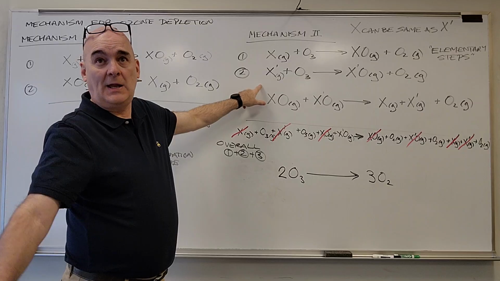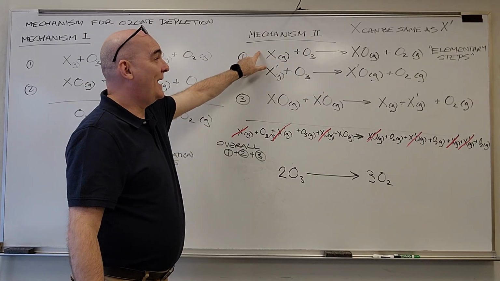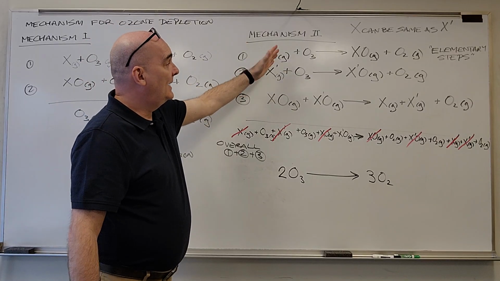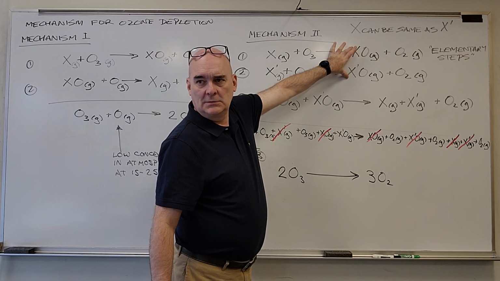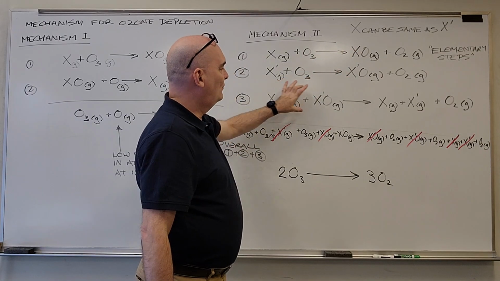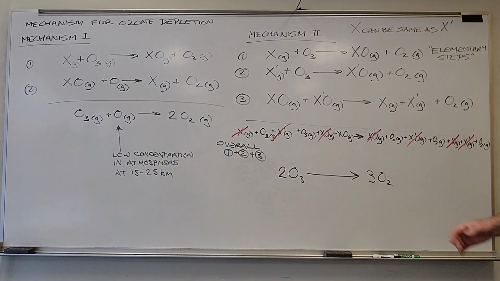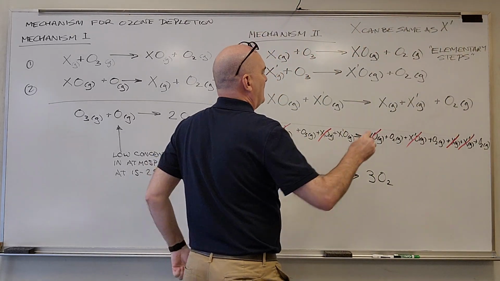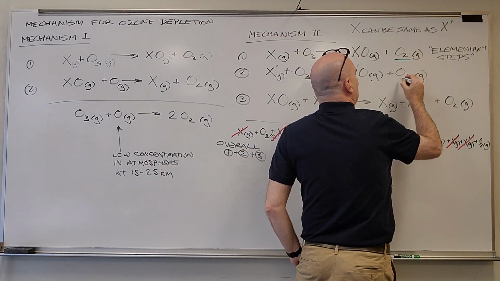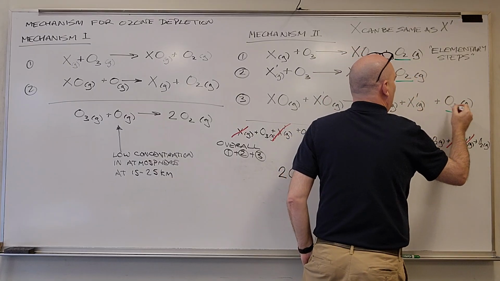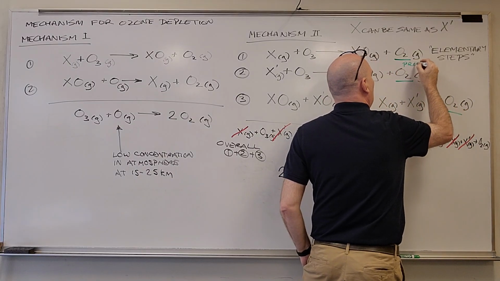X is a generic non-metal term. There's no X on the periodic table. And then we make these guys, and those guys react with each other and regenerate what we started with, and then form the product. So if we're going to label what we're looking at, that O2 and that O2 and this O2, they are all products.